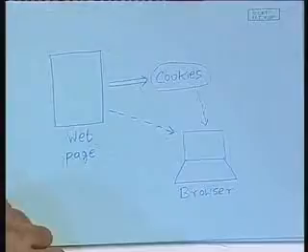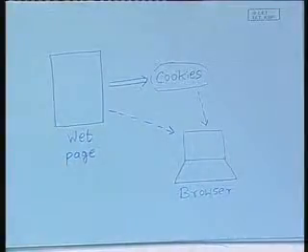We shall see some of the typical usages of cookies later, but first let us try to understand how such name value pairs can be stored on the browser machine, on the machine which is running the browser, and how the values can be accessed.